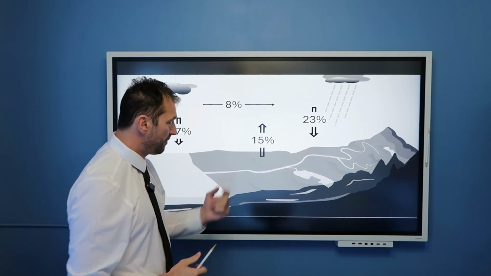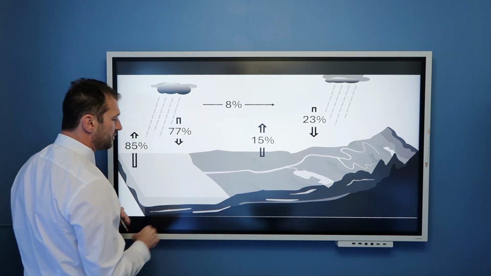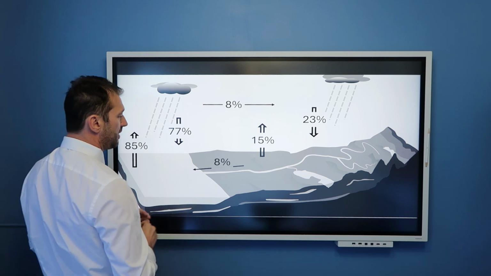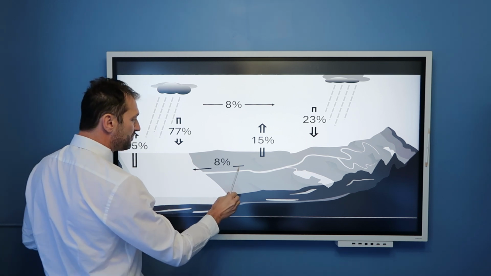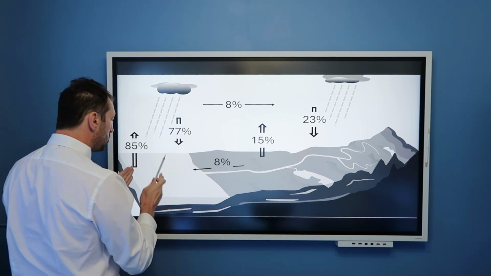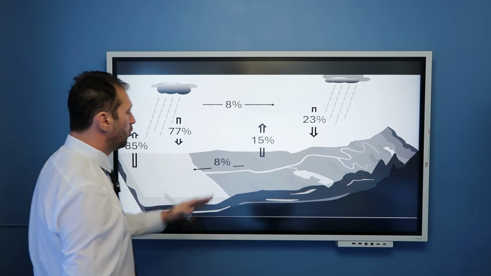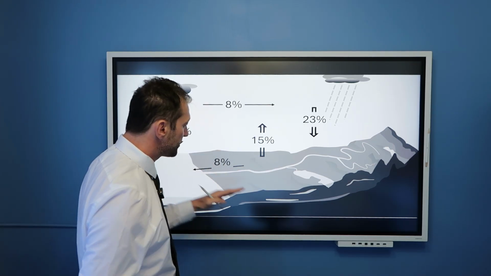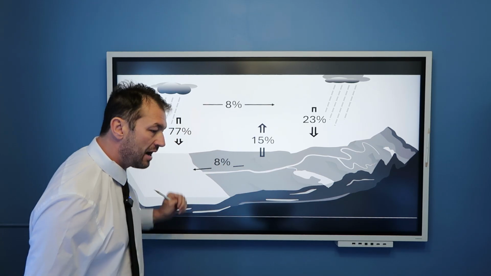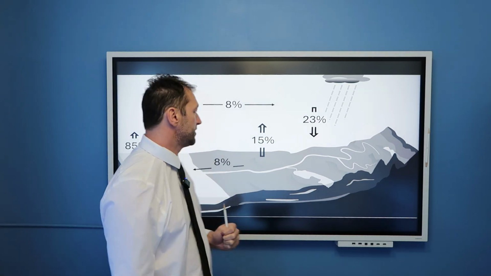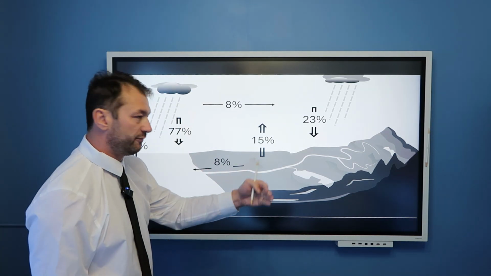That means that we are missing 8%, and that 8% is transported from the land to the oceans through rivers as well as underground water channels, and that's called runoff.